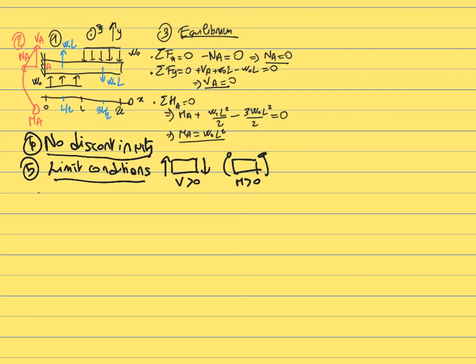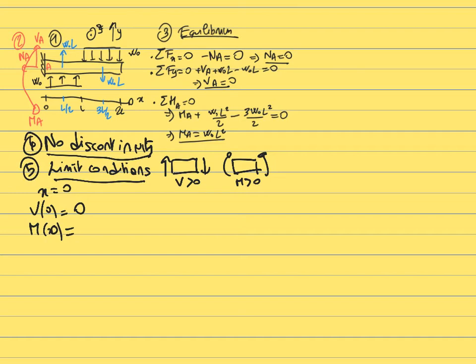In this case, at x equals 0, first the shear at x equals 0 is going to be equal to the external shear. In this case it is VA, but VA is equal to 0, so the internal shear is also equal to 0 at x equals 0. Then we can express the moment at x equals 0. It's going to be equal to the external moment MA, but in this case MA is expressed with the negative convention.